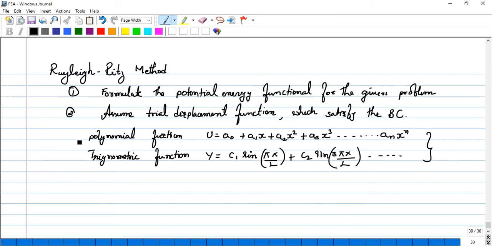And the third step: substitute the displacement function into the potential energy functional.